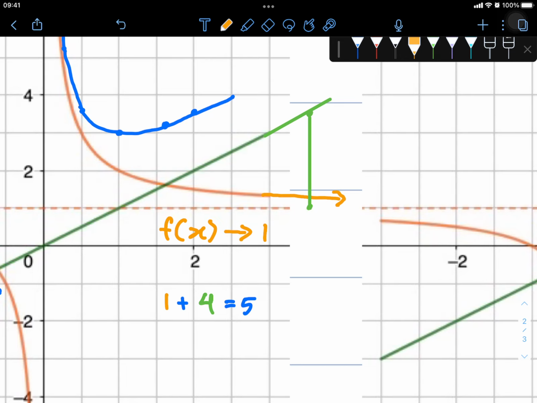So 1 plus 6 is 7. Notice how since f keeps approaching 1, but g is a linear function, the net result looks more and more like a linear function itself.